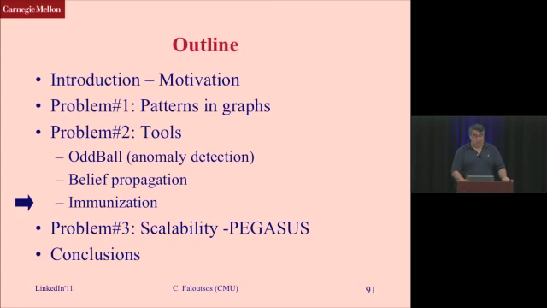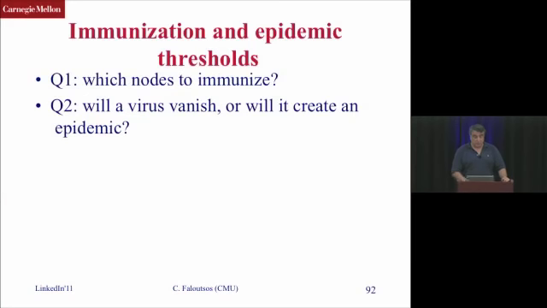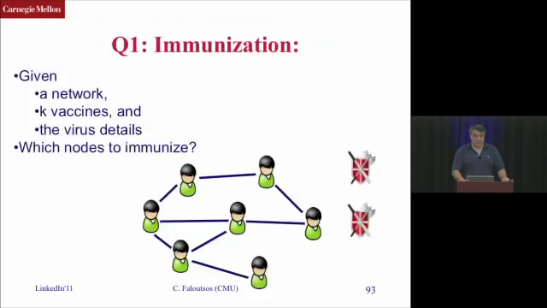The next part is immunization, so we have a little bit of time. We have a network, and we want to know how to immunize, whether a virus will take over or create an epidemic. So the problem is very clear. We have a network. We have K vaccines, 2 vaccines in this case. We know the virus details: the chance that the virus will propagate through a sneeze or a handshake, and how long the person will stay sick.